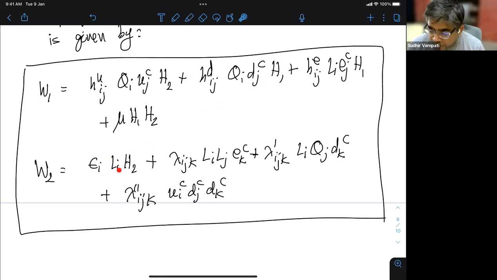See, L1 and H1 have the same quantum numbers, but in supersymmetry, there is nothing which tells you that this is a Higgs and this is a lepton. The gauge symmetry is not going to tell you that.